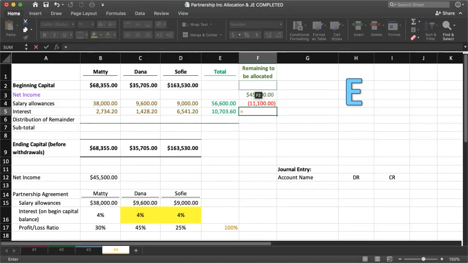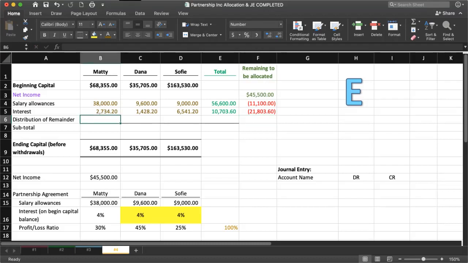So we're going to see, well, what remains after this? Well, this is a negative amount. So there is a negative $21,803.60 that needs to be allocated to the partners in their profit and loss ratio.